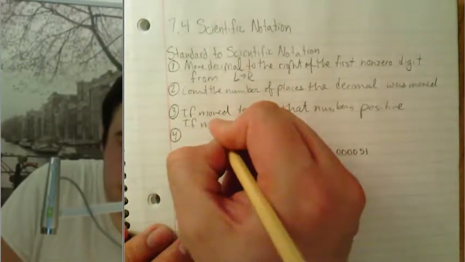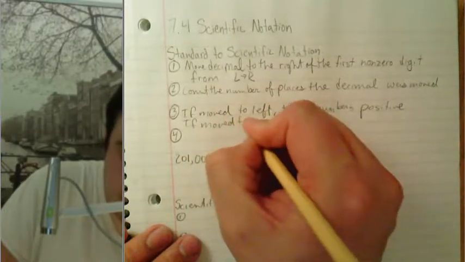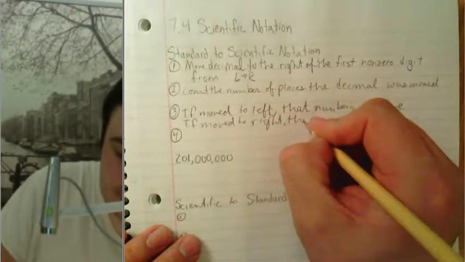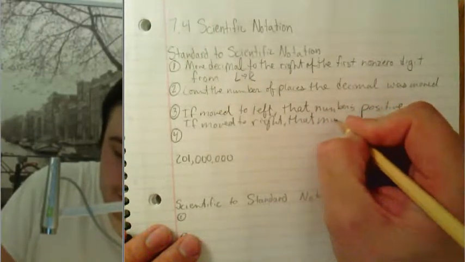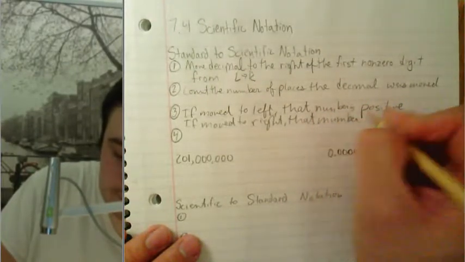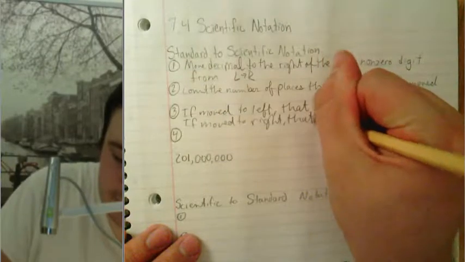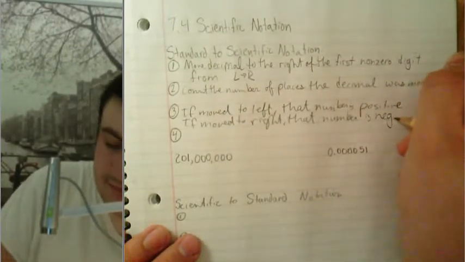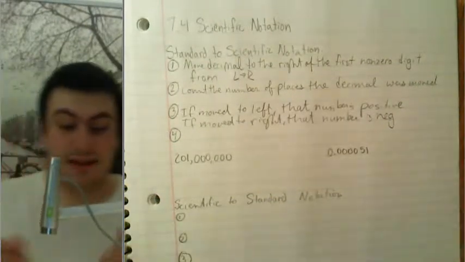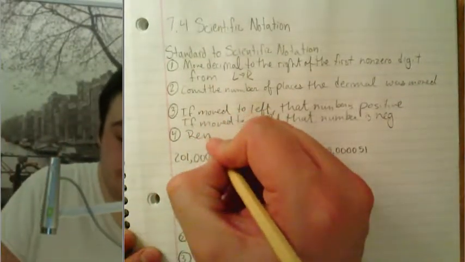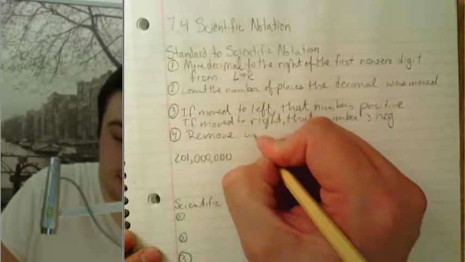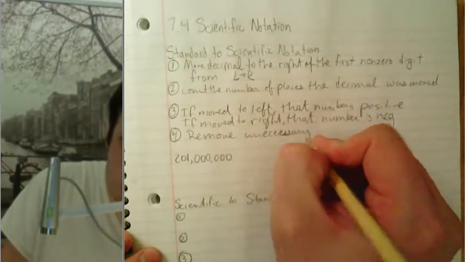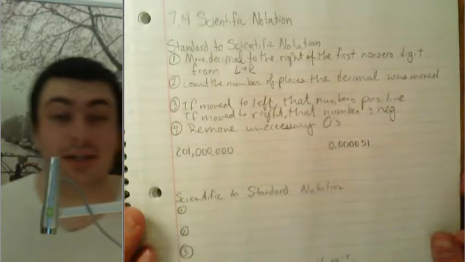If it was moved to the right, this is where the negative comes in. That number is negative. Then we're going to remove unnecessary zeros.